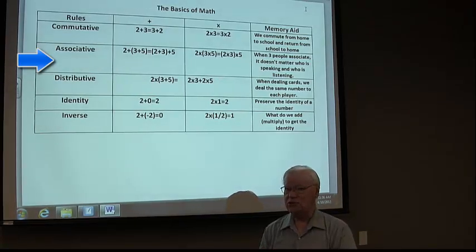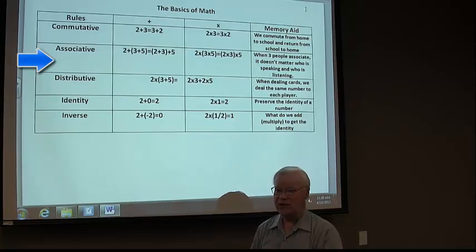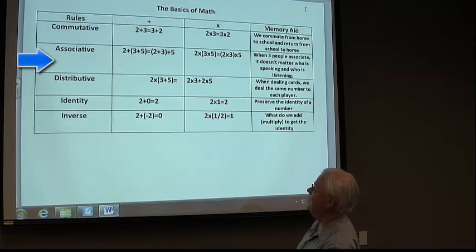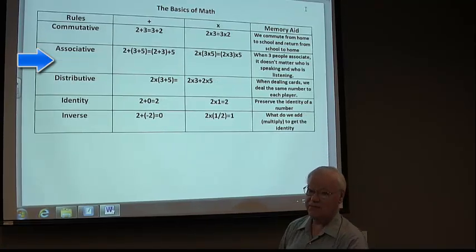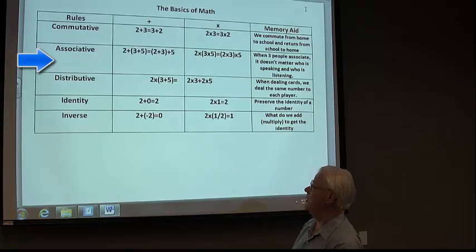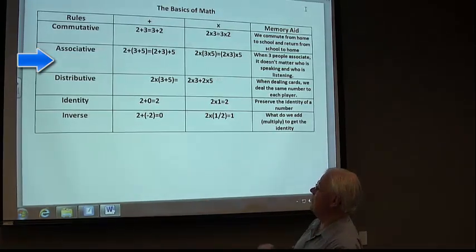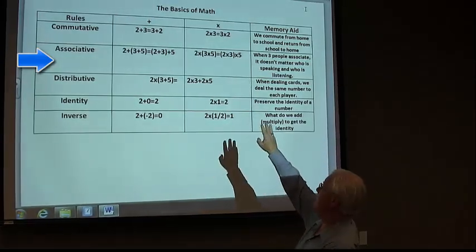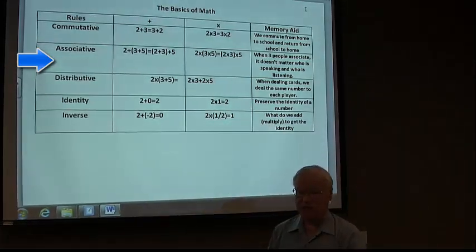It's the same association of 3 people, but it is changed in its order. And so I illustrate that by 2 plus 3 plus 5 is the same as 2 plus 3 plus 5, with the grouping changed. In multiplication, the same way. Notice, in addition, it's both plus signs, and in multiplication, it's both multiplication signs.